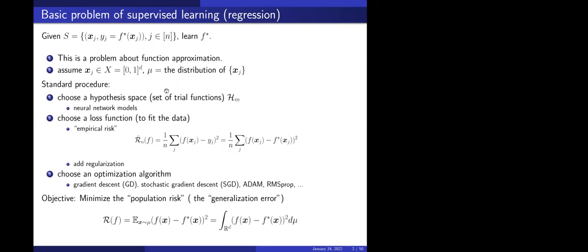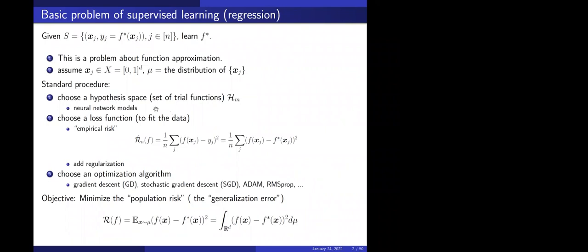It's got 3 steps. The first step is to choose a hypothesis space, which is just a set of trial functions. So it's very much like a finite element trial function space. And we're going to denote that by hm. And m is roughly going to be the number of free parameters in this hypothesis space.